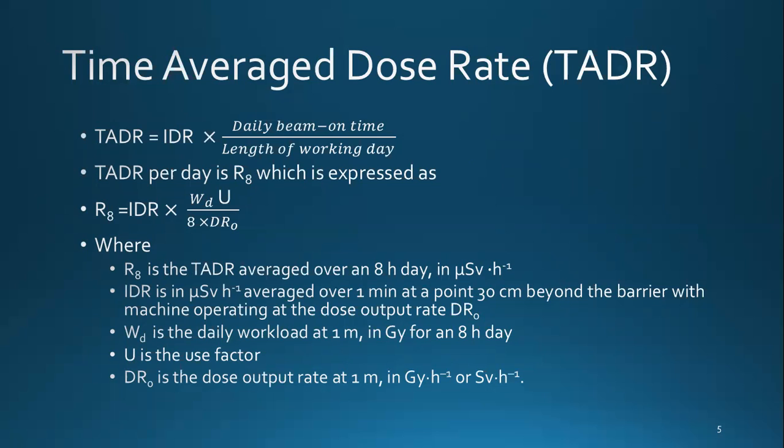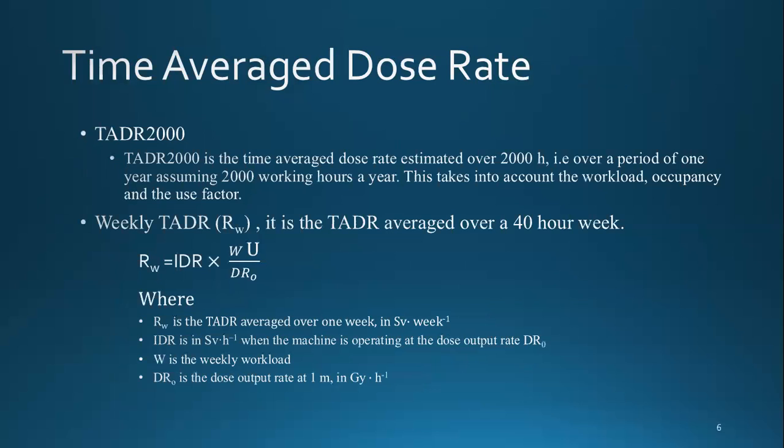With machine operating at the dose output rate DR0. WD is the daily workload at 1 meter in gray for an 8-hour day. U is the use factor and DR0 is the dose output rate at 1 meter in gray per hour or sievert per hour.